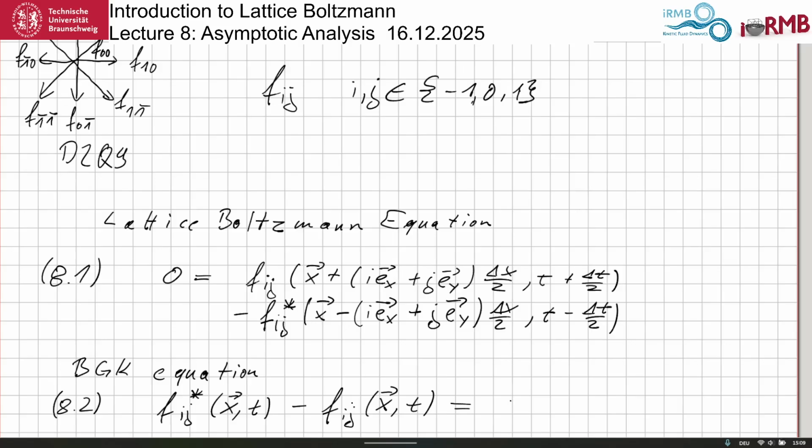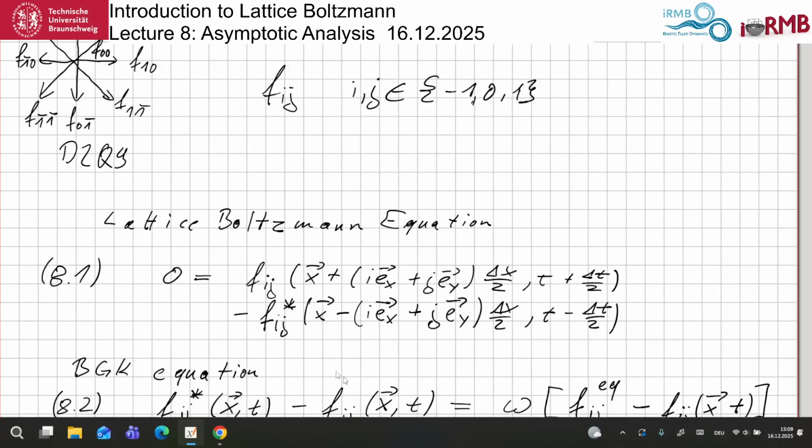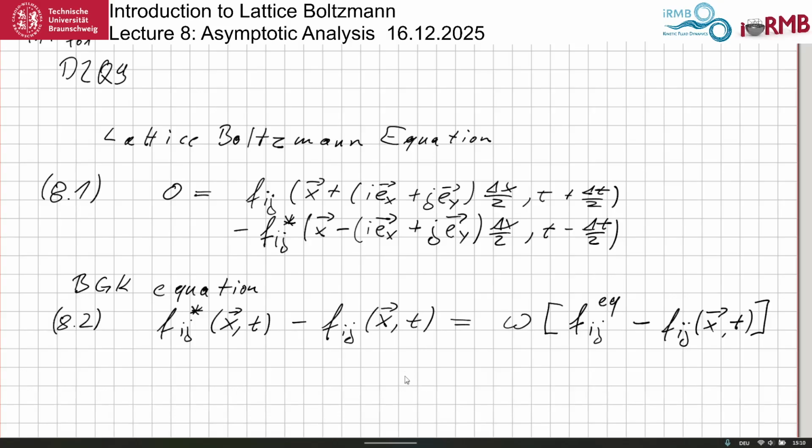This is this single relaxation time update, where we have a relaxation operator omega times the equilibrium minus the pre-collision state. Okay, so this is the BGK equation. In practice, when we write it in the program, we write the post-collision state is equal to this, so we put this on the other side, plus this part here. So this is how we will program it.